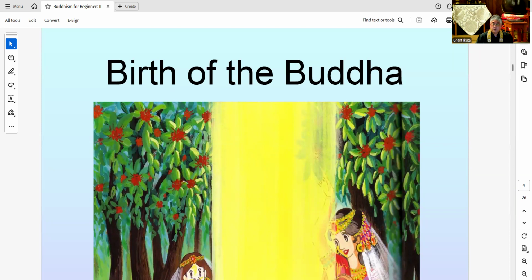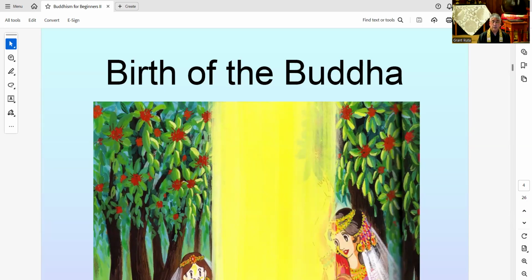And so after 9 months, as was a tradition at that time, Queen Maya is returning from Kapilavastu to her birth kingdom, a neighboring kingdom. And on the way there, her entourage takes rest in a place called Lumbini's garden.